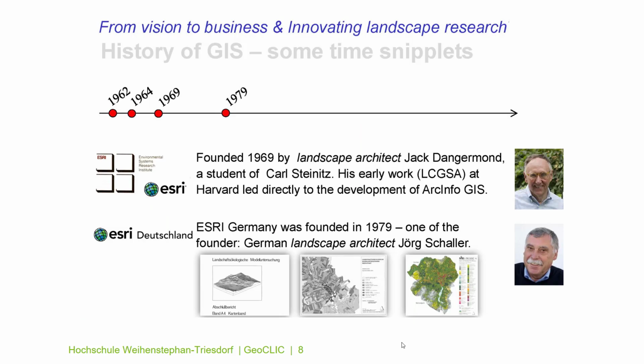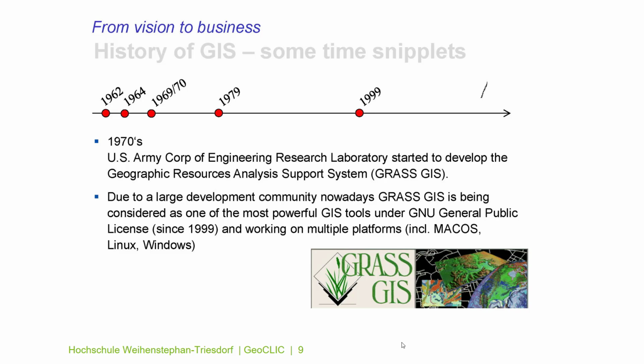One of the Harvard graduates was Jack Dangermond, a student of Carl Steinitz, and he founded the company Esri, which is now the main GIS company. The branches in different countries, for example, Esri Germany, 1979, near Munich, but Esri overall is the biggest.